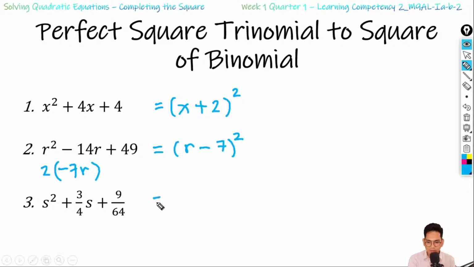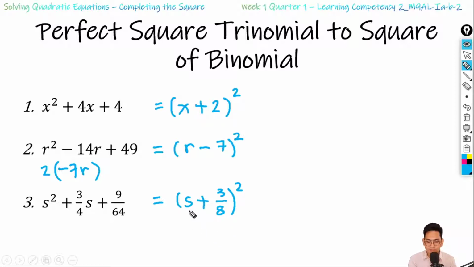Therefore we get the middle term, which is negative 14r. And finally we have this one. We get the square root of s squared, therefore we have s, the sign of the middle term, plus, and then the square root of the third term. The square root of 9 is 3, and the square root of 64 is 8. How do we know if this factor is correct?